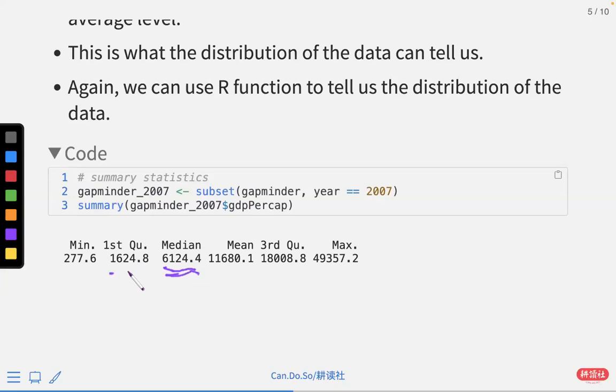The first quarter means 25% of countries are lower than this level, and the third quarter means 25% of the GDP per capita is greater than this level. For the mean, we add all the GDP per capita and divide it by the number of countries.